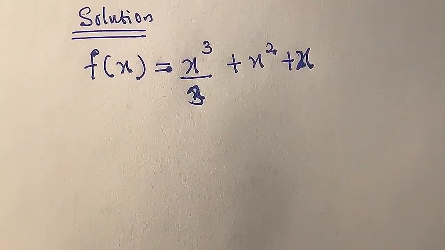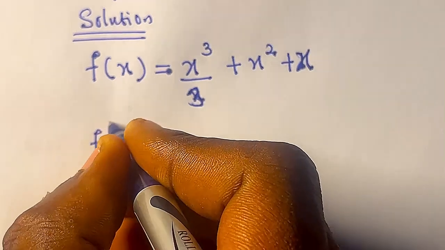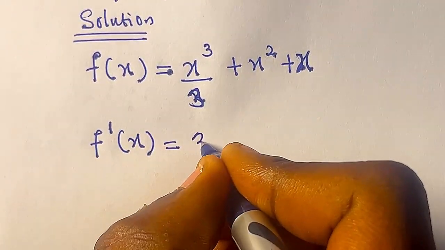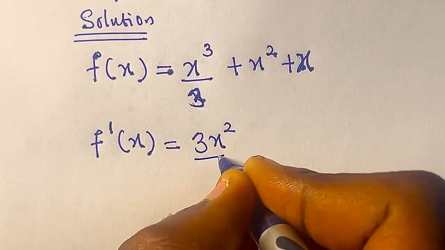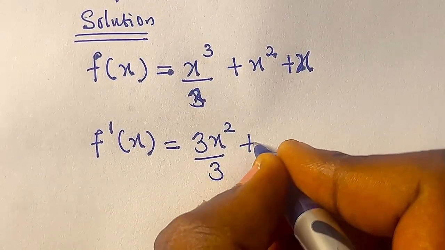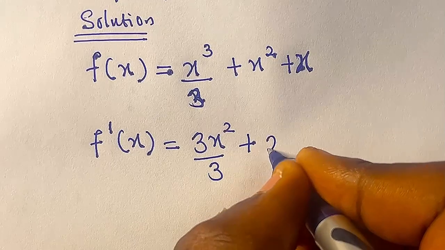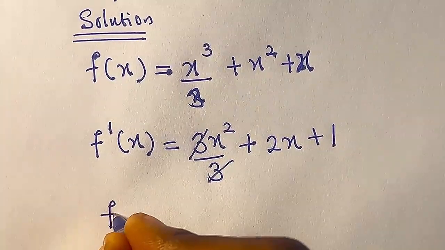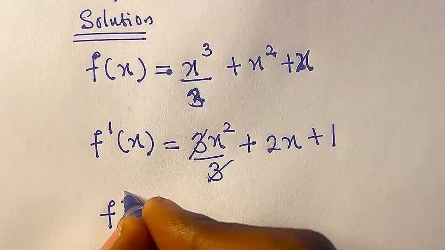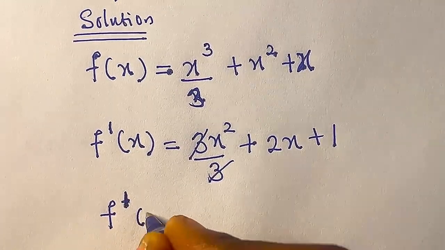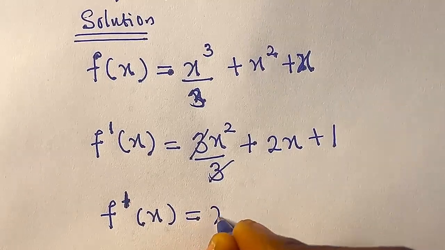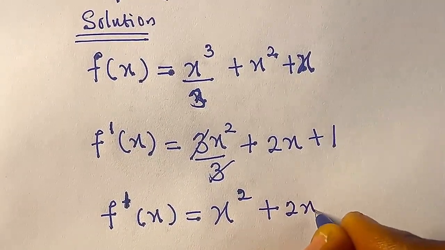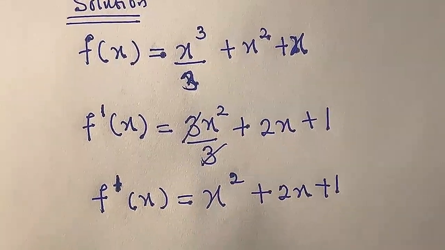Then the first derivative of this will be 3x squared divided by 3 plus 2x plus 1. We cancel out the 3s, so we have f prime of x equals x squared plus 2x plus 1.